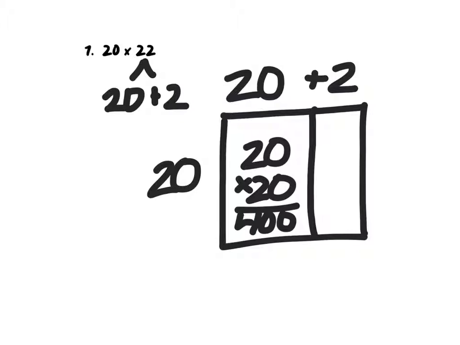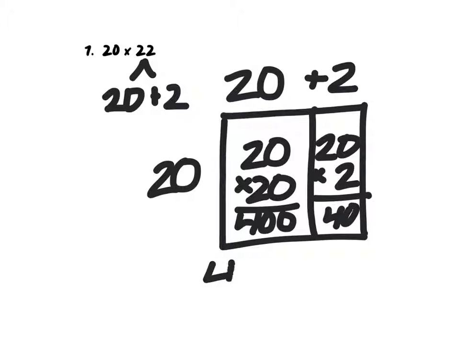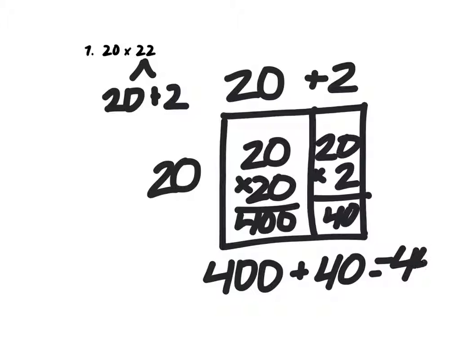And then next we will do this 20 multiplied by this 2, which will represent this area. 20 times 2 will be 40. And then we add the two. So 400 plus 40 equals 440.